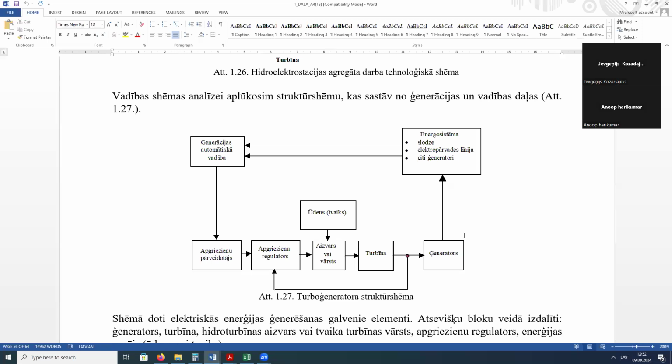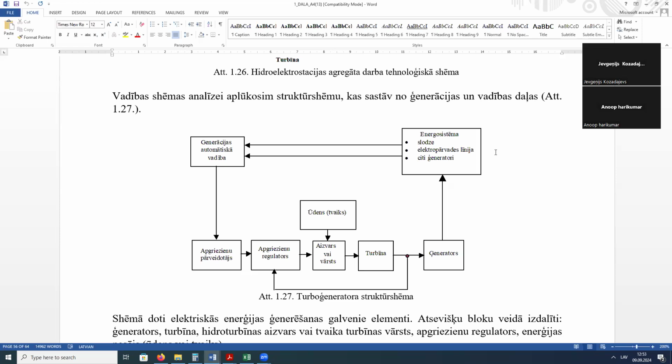The first one, is it dangerous? Yes. If we operate with a frequency not equal to the standard, to the nominal value, for us 50 hertz, yes, it is dangerous.